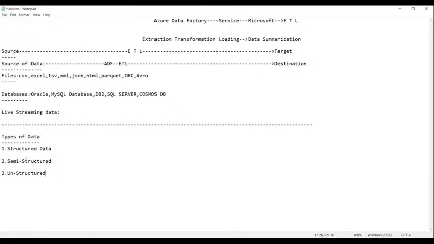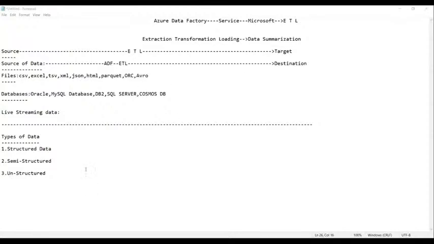So these are the three types of data we can have: structured, semi-structured, and unstructured.